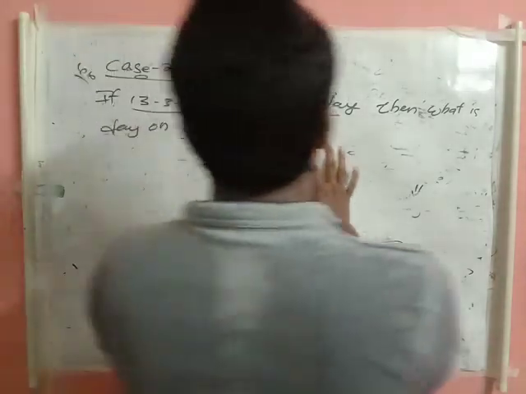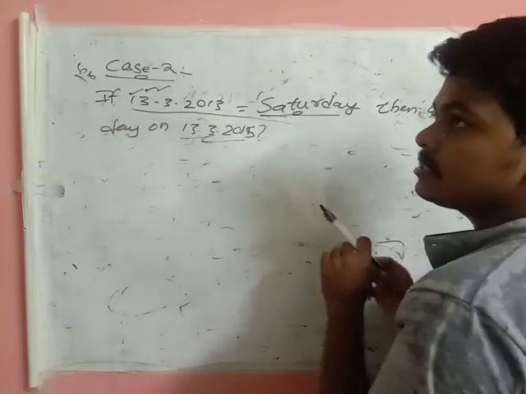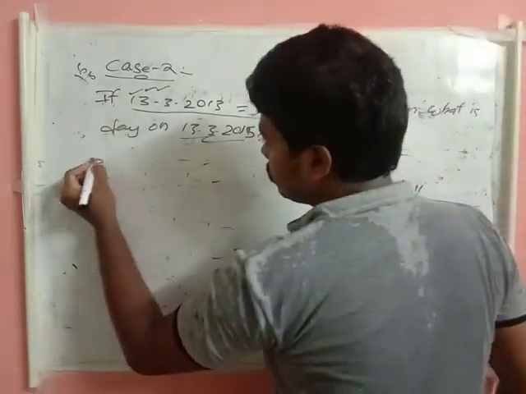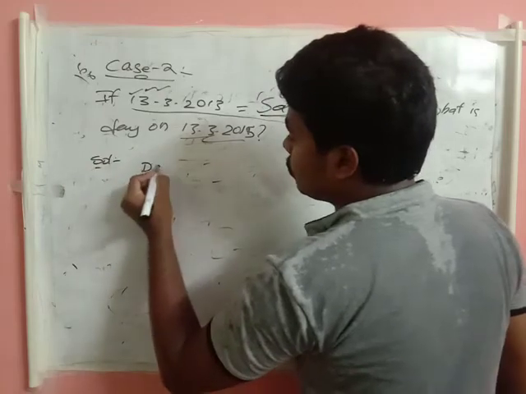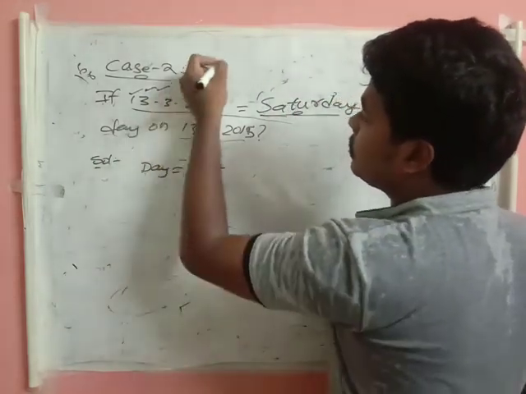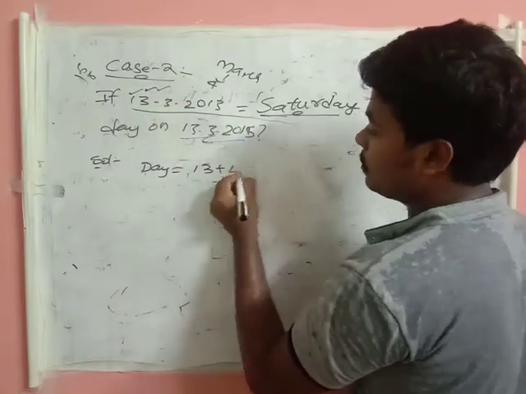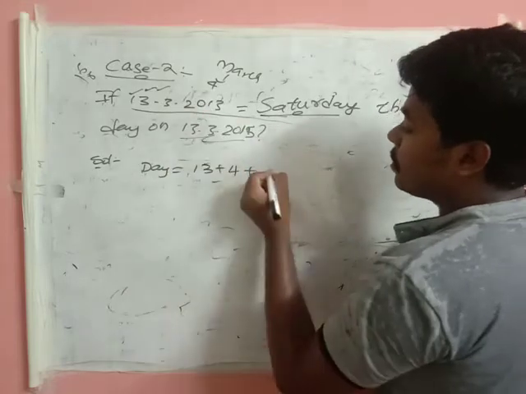Now let me check whether this is correct or not. Initially we should check whether the given question is correct or not. Now coming to the solution: day is equal to date plus month code plus number of years plus number of leap years plus year code, divided by 7. The date is 13, plus the month code. The month code for March is 4. The number of years is 13.